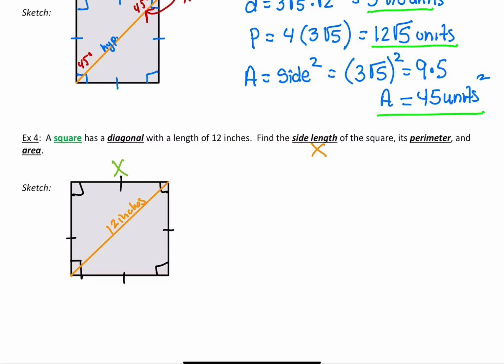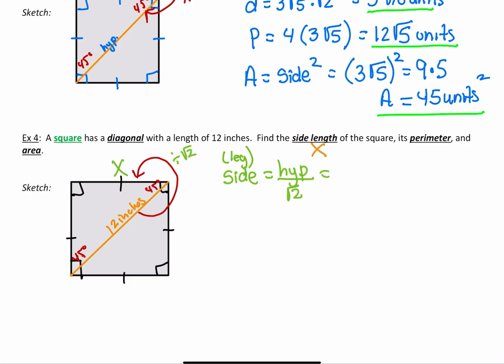Again, we have a 45, 45, 90 triangle. There's a 45, there's a 45, there's your 90. You have the hypotenuse, so reverse the process to get the side length. To get the side, which is the leg, you're going to take the hypotenuse, which is the diagonal of that 45, 45, 90, and reverse the process and divide by the square root of 2.